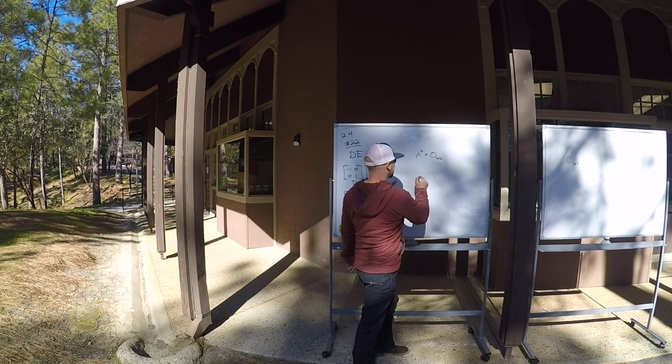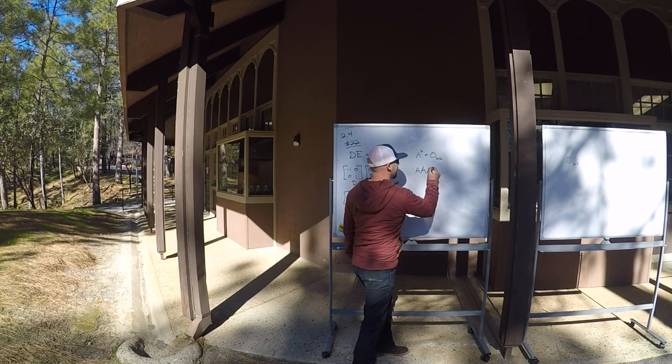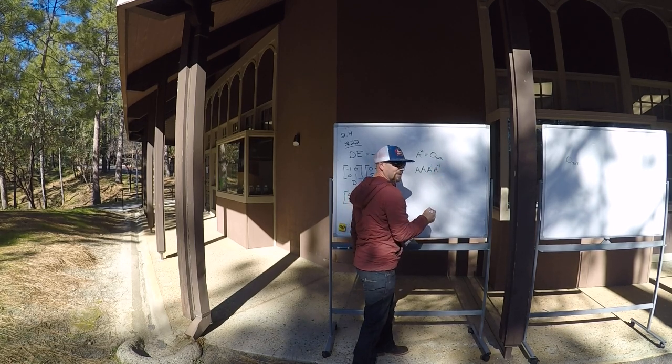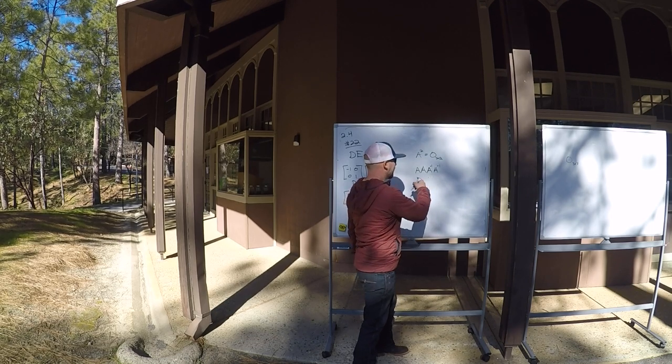If that was the case, then if I took A and A, that's A squared. But if I multiplied that by A inverse and A inverse, I should get to the identity matrix.